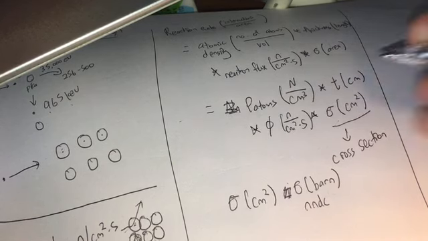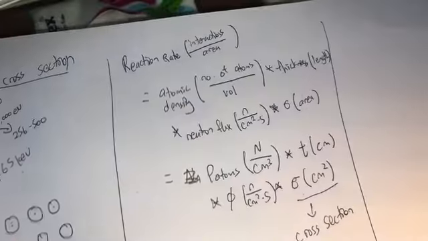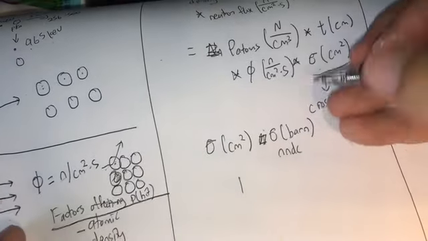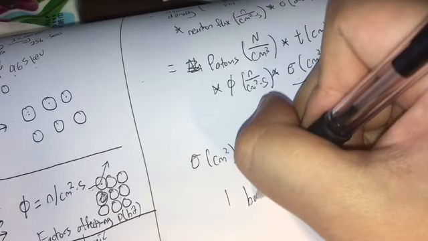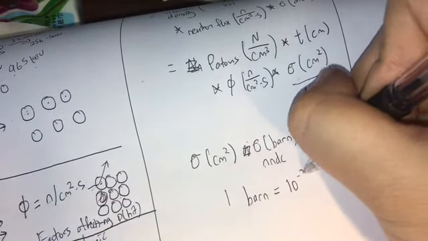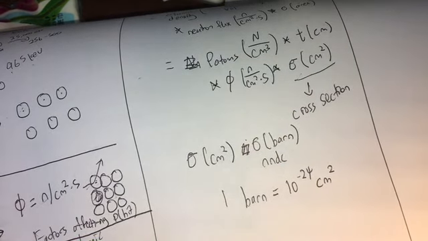So how much is a barn? If you want to talk about conversions, one barn equals 10 to the minus 24 centimeter squared, or 10 to the minus 28 meter squared.